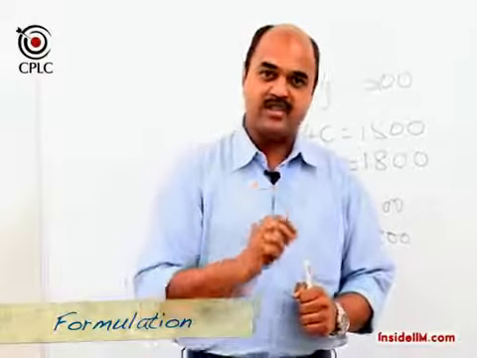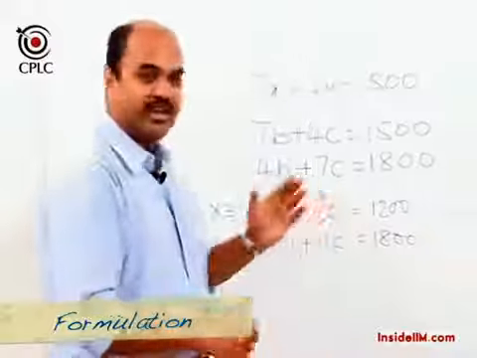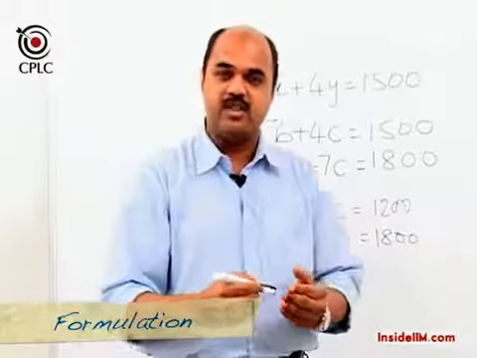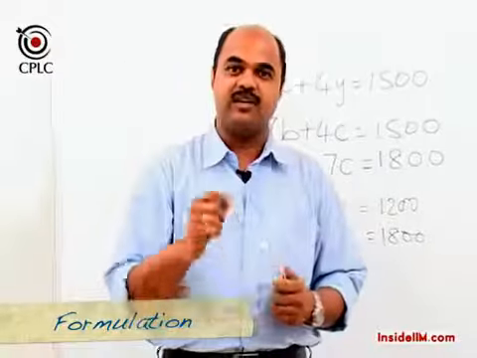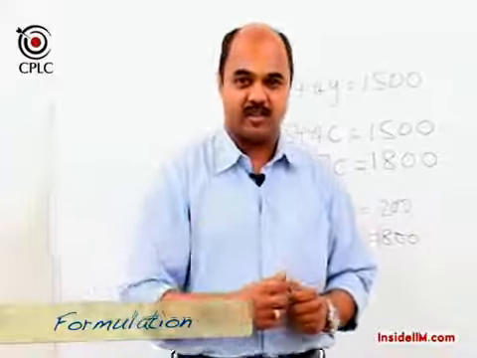Now if I want to solve this example, it is possible to solve this example using two variables. The two variables that I would now consider would be T for 25 paise coins and F for 50 paise coins.